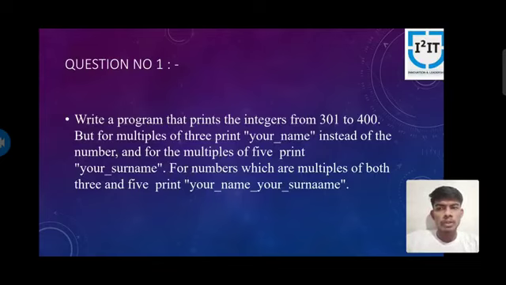The first case is multiples of 3, like 3, 6, 9, where we print only the name. The second case is multiples of 5, like 5, 10, where we print the surname. And for multiples of both 3 and 5, we print both name and surname at the same time, in combination.